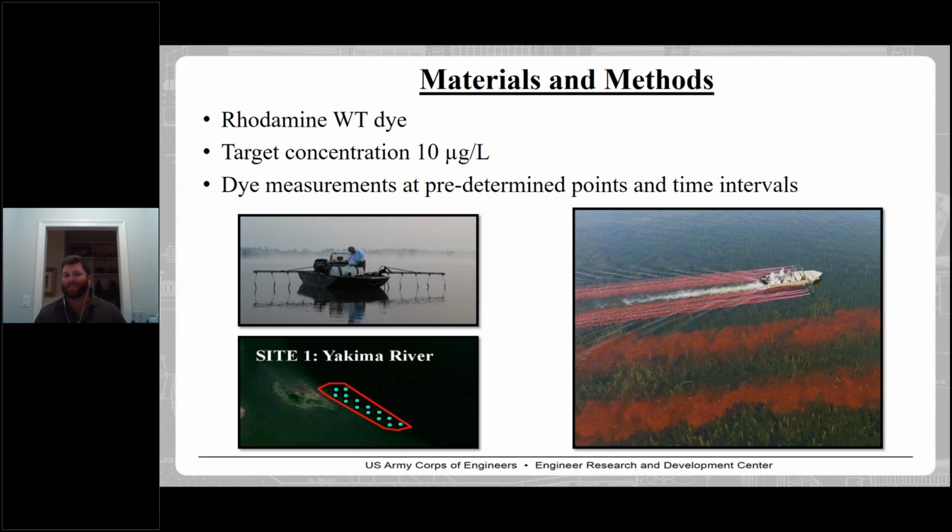One good thing about the rhodamine WT dye is it's a cheap, non-toxic, inert dye, but it really mimics a typical submerged herbicide application, as you can see from these images here, it being put out in a research plot. By taking readings at specific time intervals, we can really get a good idea of the type of water exchange in that area, which can really guide us on what management approach might be the most effective.